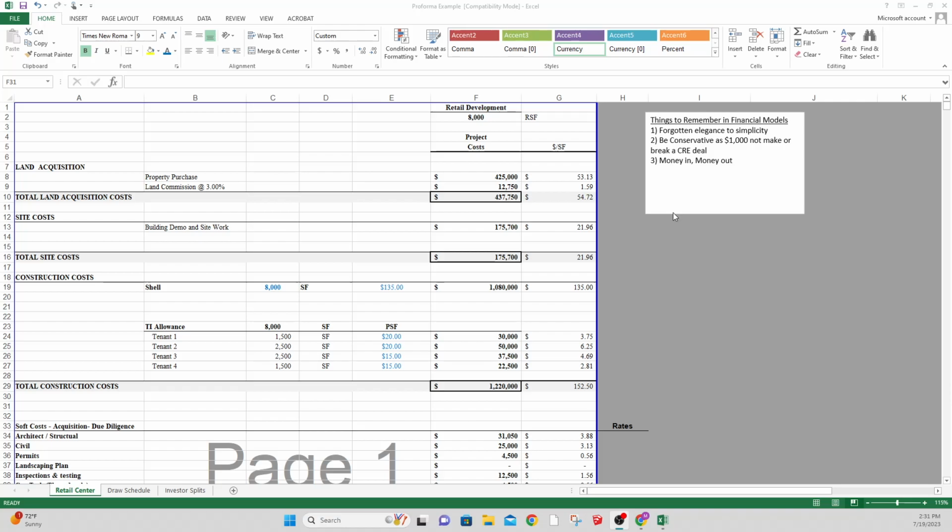A second one is I would say be conservative, as $1,000 is not going to make or break a commercial real estate deal. One thing to remember is real estate is illiquid. It's not as liquid as a stock and bond portfolio where you can open up your phone and move in and out of positions within seconds or minutes. Real estate is something you're going to own for a while.